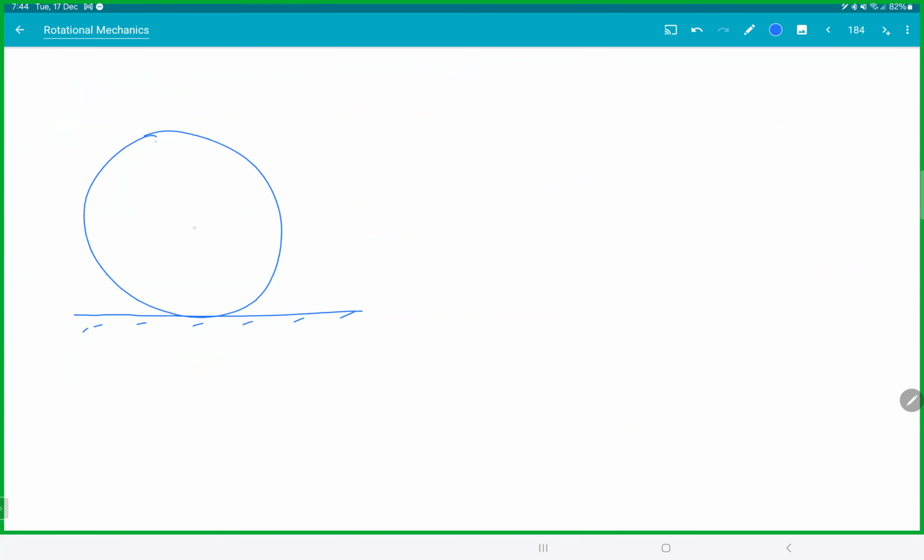Let's say you have a disk going with v and omega, there is no slipping. Is there any point on the body which has zero velocity? The bottommost point, isn't it? When the wheel is rolling, we know the bottommost point has zero speed. Now, in the beginning of rotation, do you remember this statement? When you stand on any point on the body, you will think every point is rotating with omega.